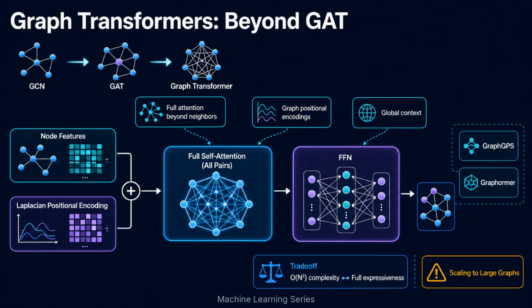Graphormer from Microsoft Research adds structural encodings such as node centrality and shortest path bias, and won the 2021 Open Graph Benchmark Large-Scale Challenge on molecular property prediction. The main challenge is scalability. Full attention has O of n squared complexity, making it expensive for large graphs. Current research focuses on efficient approximations to enable graph transformers at scale.